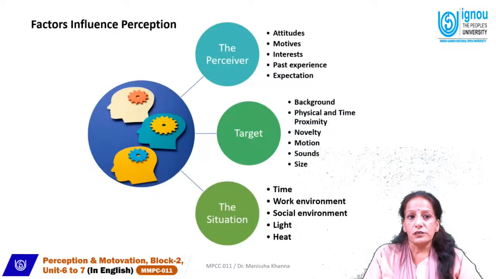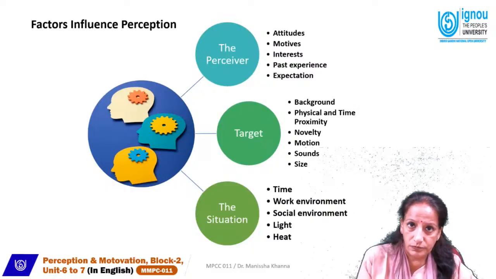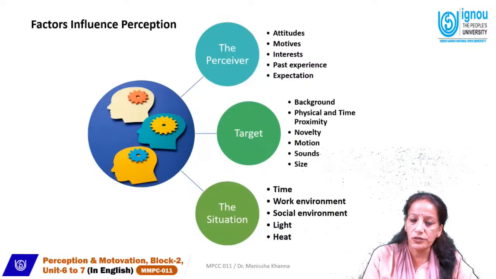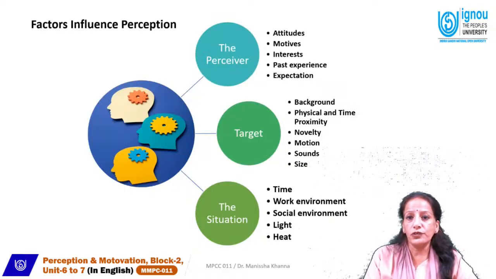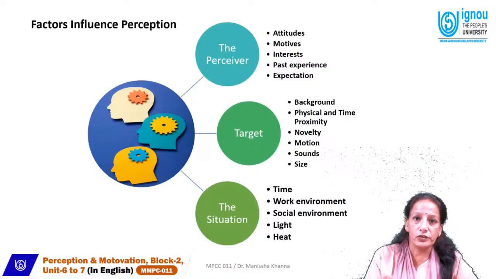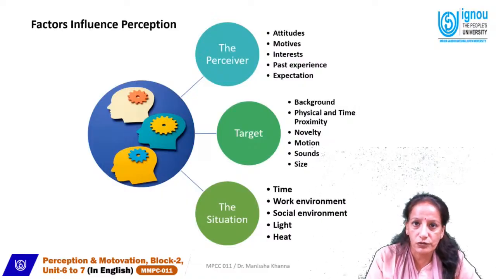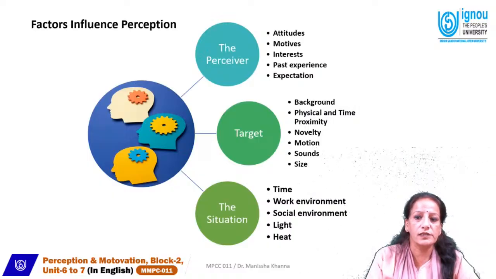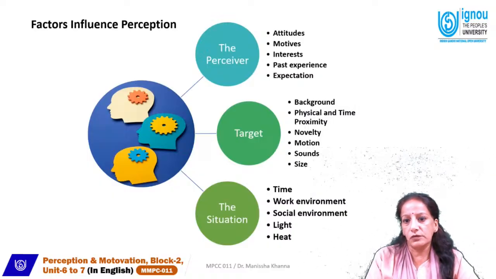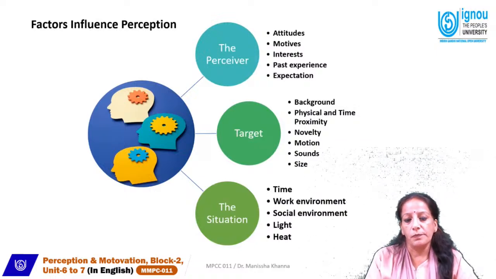So the factors which influence perception are basically the perceiver, the target, and the situation. The perceiver refers to the attitudes, motives, interests, past experiences, and expectations, whereas the target refers to the background, the situations, the movements, motions, sounds, size, time, proximity, or physical attention.